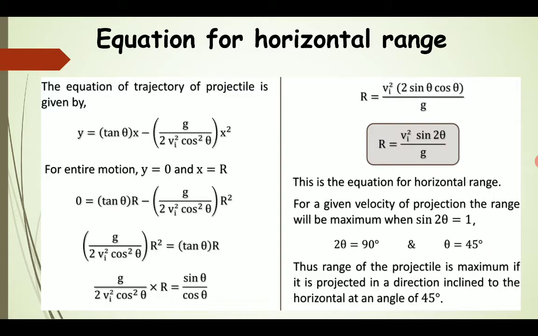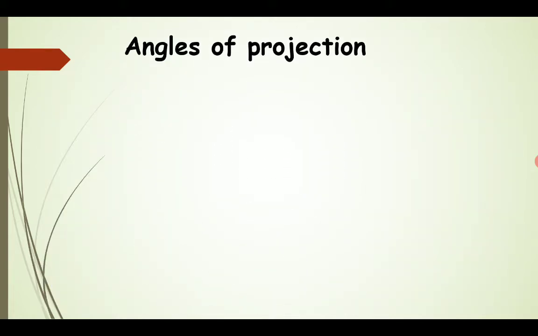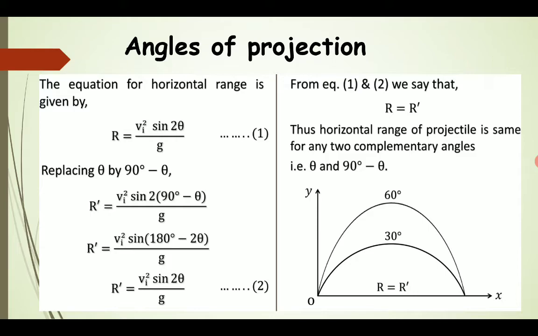Now let us find the angles of projection that give the same range. We have already calculated the equation for the horizontal range: v_i squared sin 2 theta upon g. Now let us replace theta by 90 minus theta.